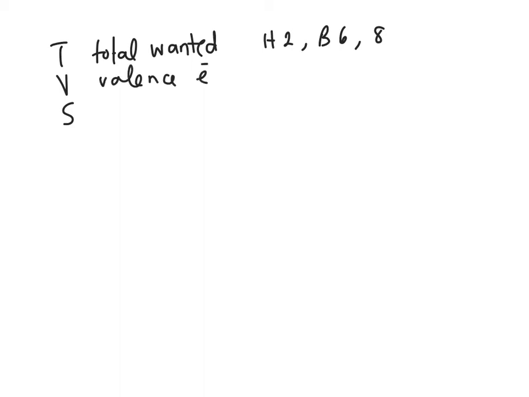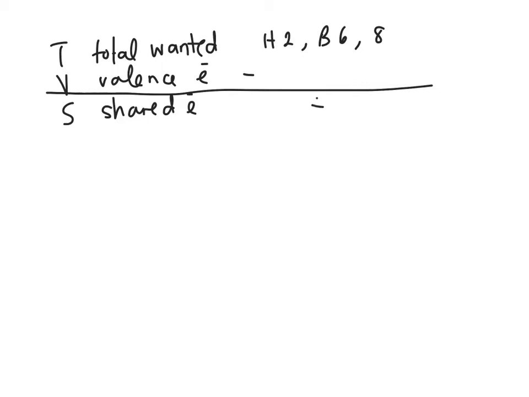How many does each atom bring? And then S is shared electrons. To get shared electrons, you subtract the V from the T. And that will give you a number. And if you divide that number by 2, it tells you how many bonds.